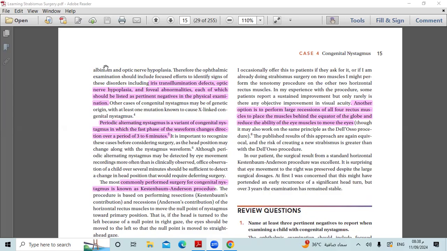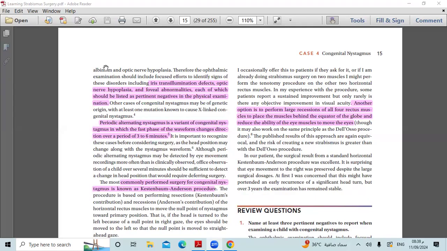Another option is to perform large recessions of all four rectus muscles to place the muscles behind the equator of the globe and reduce the availability of the eye muscles to move the eyes. Though it may also work on the same principle as the Dell Osso procedure, the published results of this approach are again equivocal, and the risk of creating a new strabismus is greater than with the Dell Osso procedure.